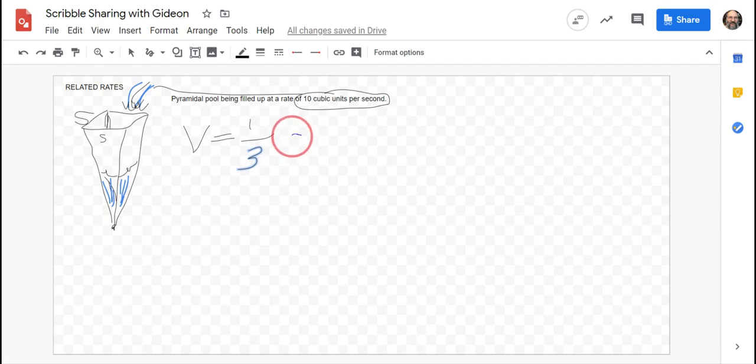So I'm just going to put that in as S squared, right? The volume of the base area times the height. Okay, so there's that.